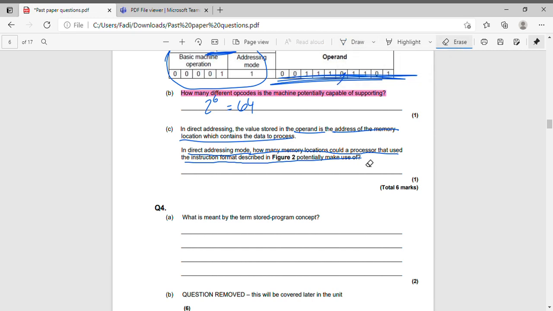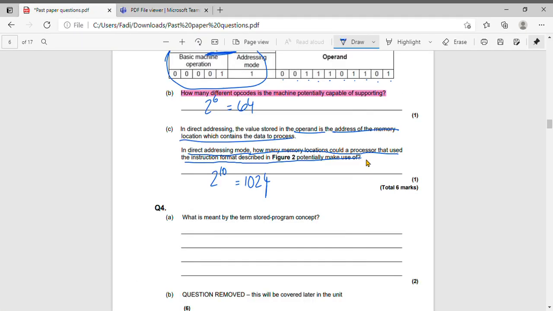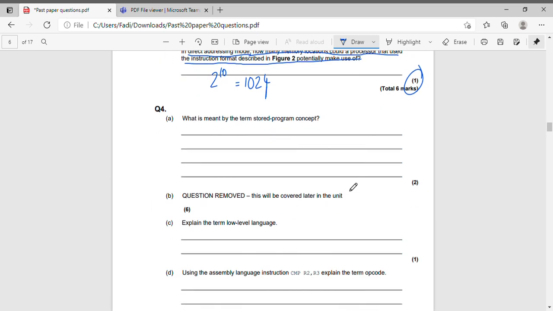So we're manipulating here. So 1, 2, 3, 4, 5, 6, 7, 8, 9, 10. 10 different spots, so 2 power 10 is 1024. So those are our 2 marks, of course.